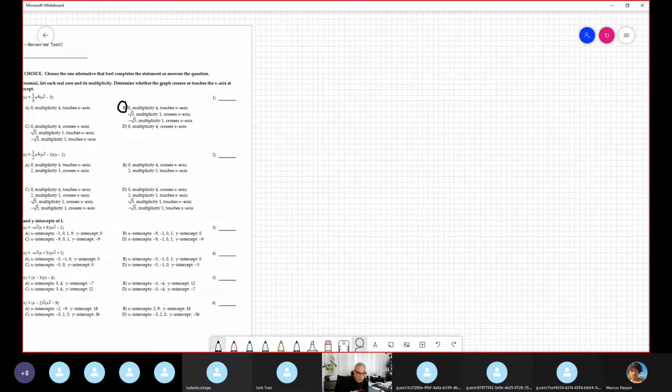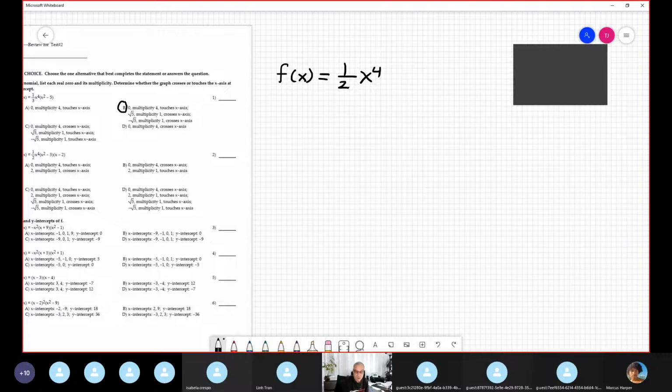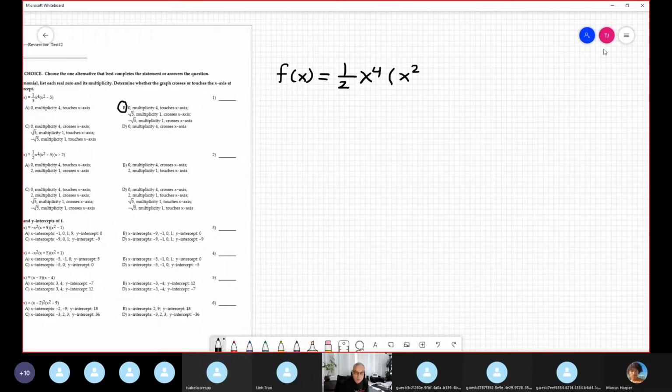The second: f of x is equal to 1/2 x to the 4th power, another factor x squared minus 5, and another factor x minus 2.